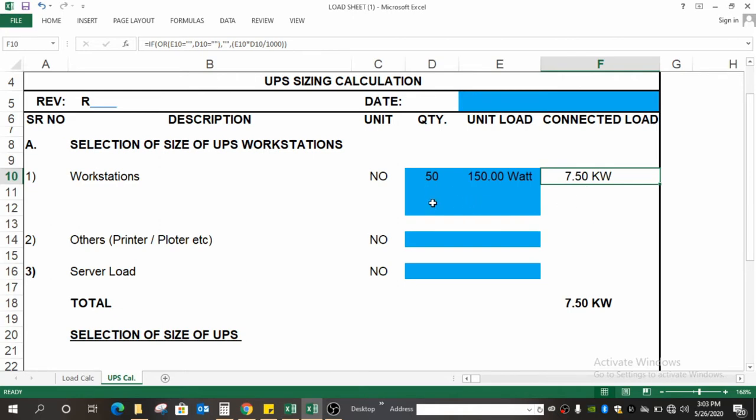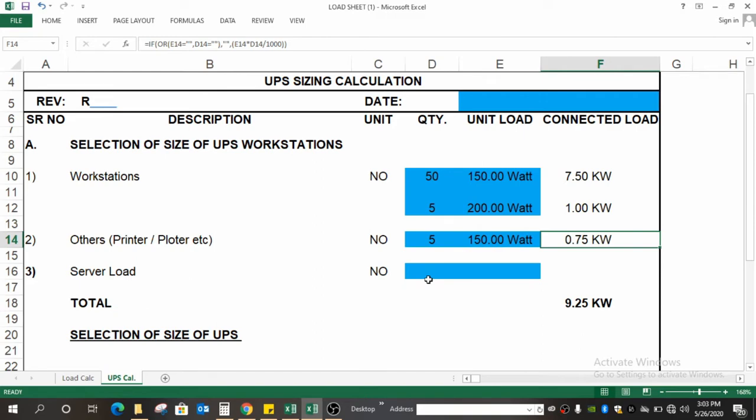If you have some machines or computers that consume more than 150 watt, suppose some machines consume 200 watt, before entering the data, confirm it from your center so that you can add it. Suppose there are 5 machines of 200 watt. Suppose there are 5 printers, each consuming 150 watt.